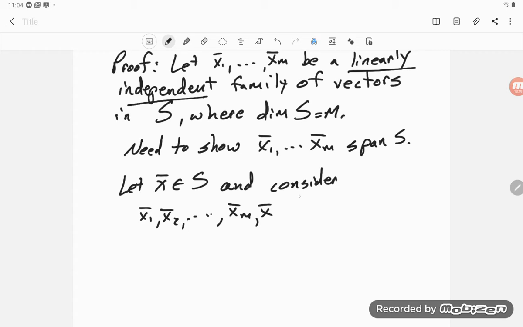Okay, consider, and this would be a family of m plus 1 vectors.